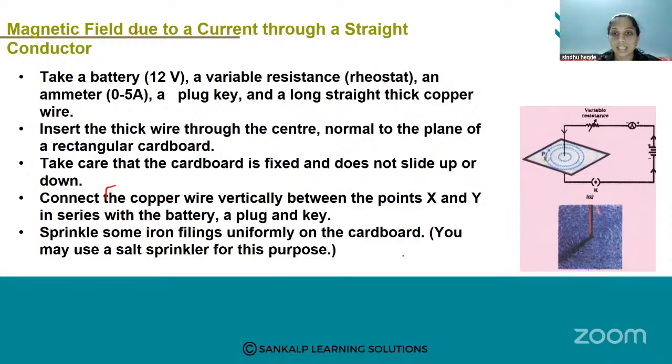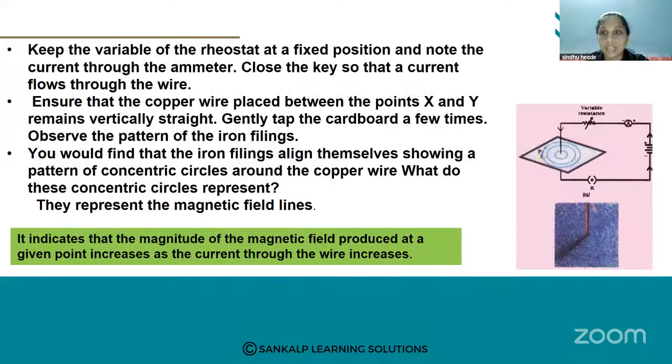So in this concept, what do we conclude at the end? We observe that when a current flows through a straight conductor, a magnetic field is generated around the conductor, and magnetic field lines are formed. In which pattern?